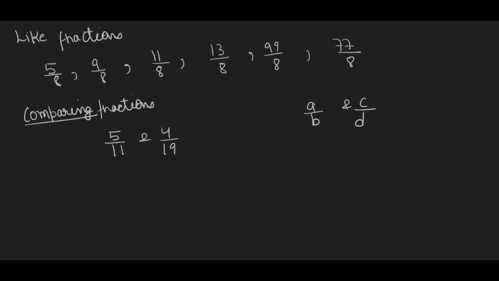So here a upon b equals 5/11 and c upon d equals 4/19.